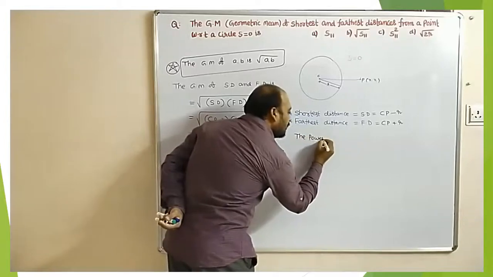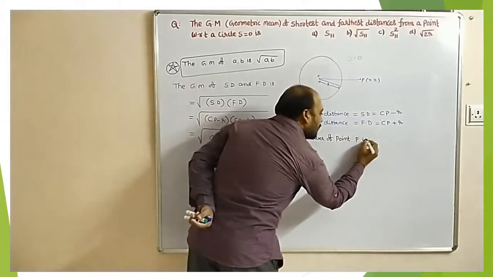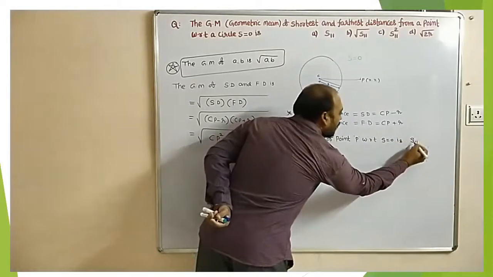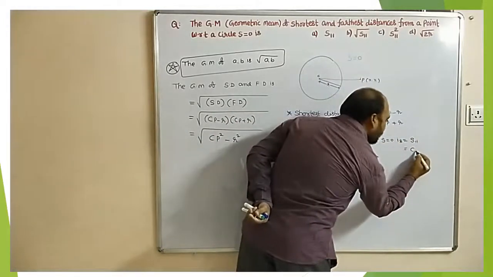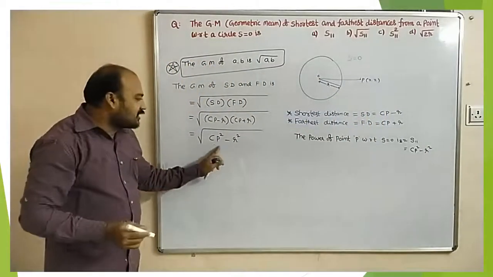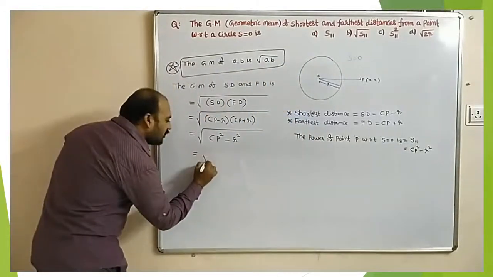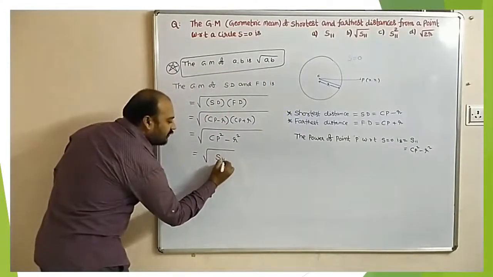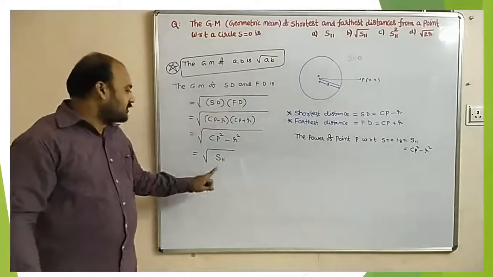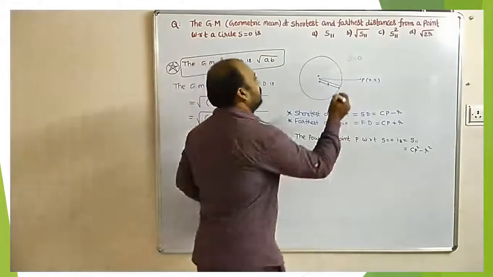The power of point P with respect to S is equal to 0 is S11, which can also be written as CP square minus R square. So in place of CP square minus R square, you replace S11, which gives the square root of S11. The geometrical mean of shortest distance and farthest distance is root S11, which is there in the second option.